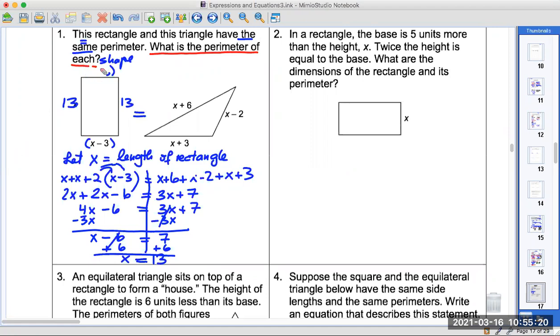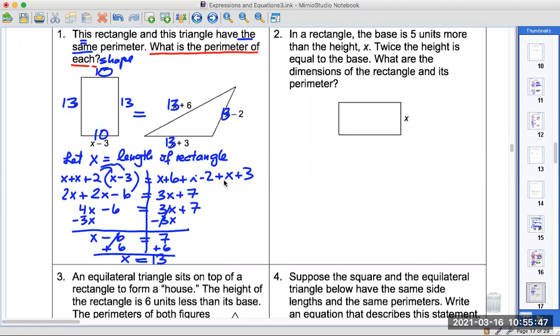The width is 10. 10, and then x minus 3, 13 minus 3 is also 10. So we can find the perimeter, and then here we can plug it in. x is 13, x is 13, 13.